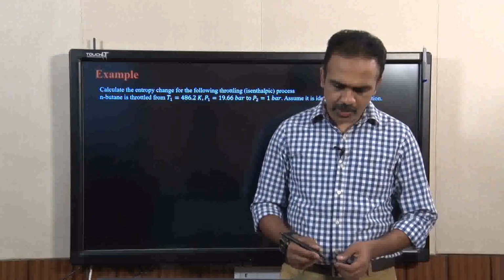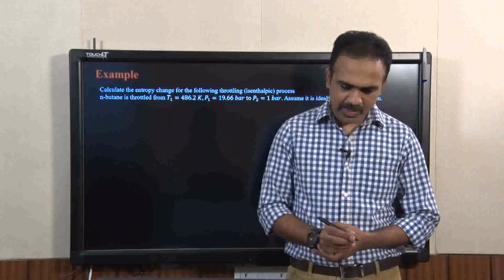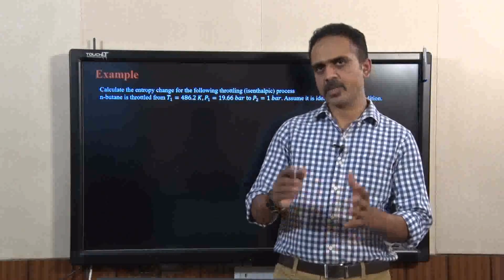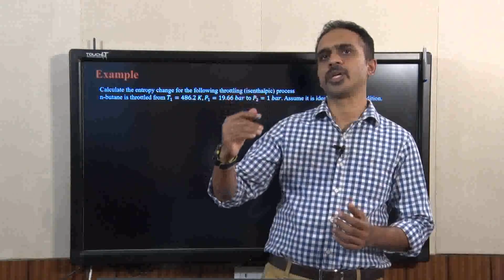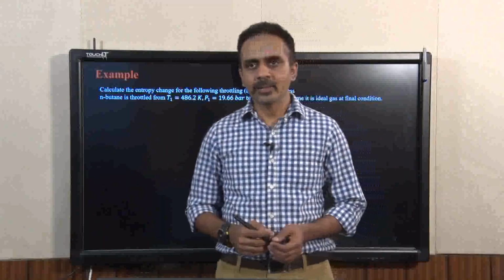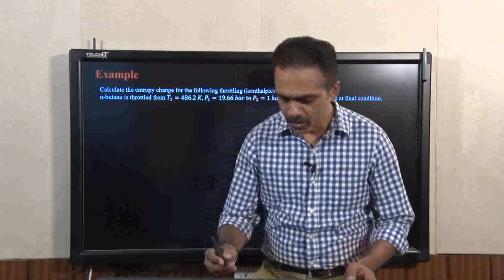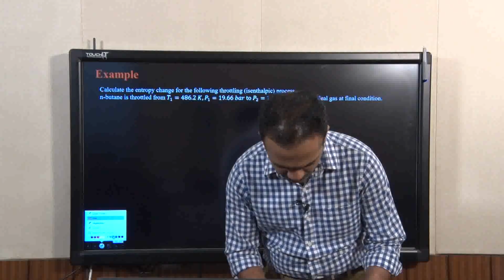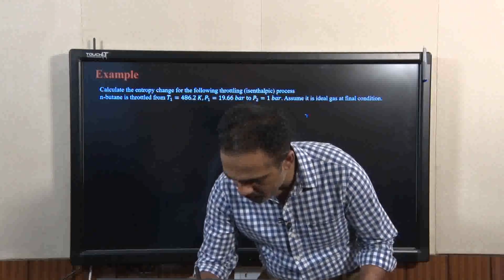So for this particular process, let me see if I can sketch a schematic of the steps we can use to calculate the changes in enthalpy and entropy. So initially, I am at a temperature of T1 and P1.